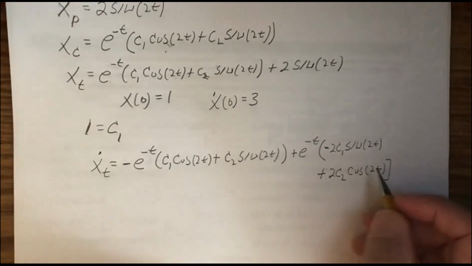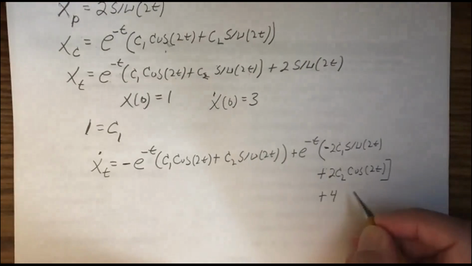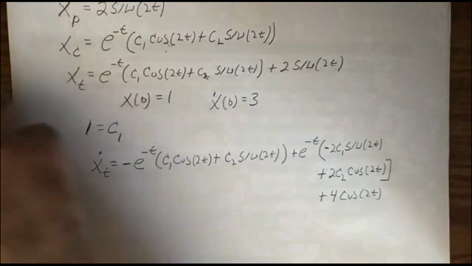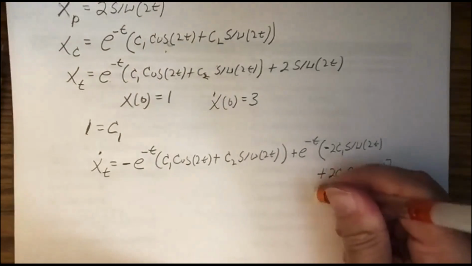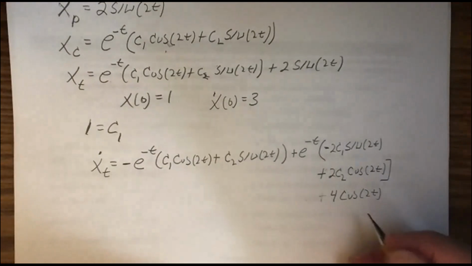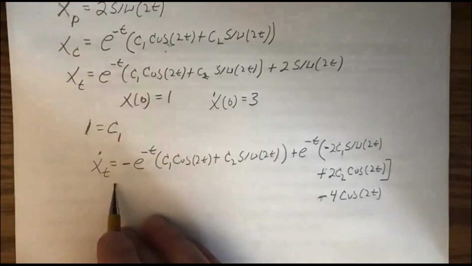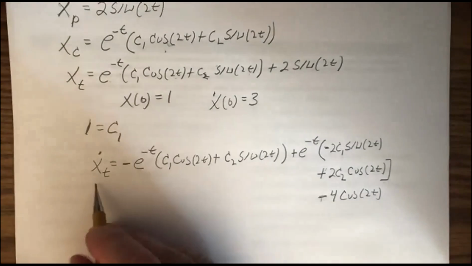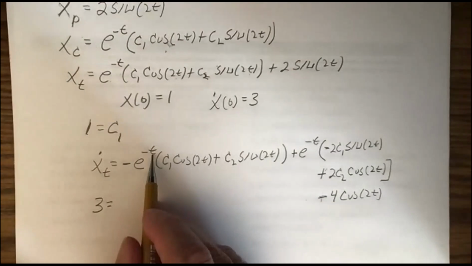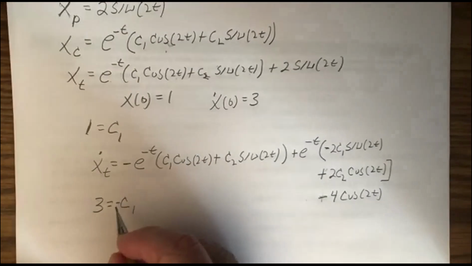And then it's going to be plus 4 cosine of 2t, but this is going to be a minus. And this all has to be equal to 3. So I took the derivative. Now, when I put 0 in here, this is going to be minus c1.